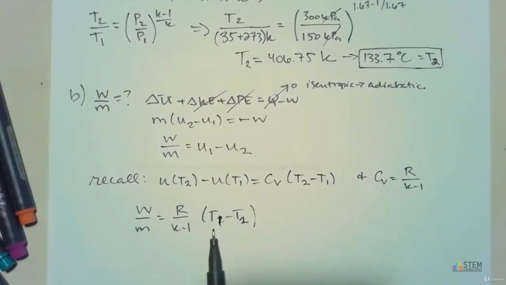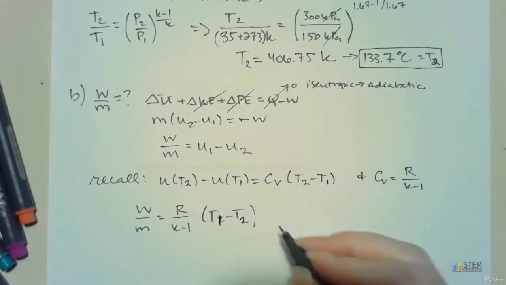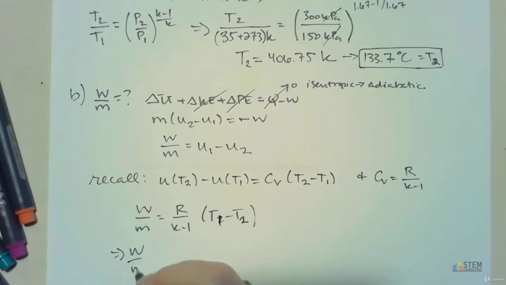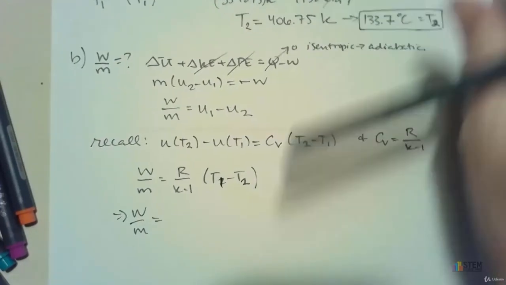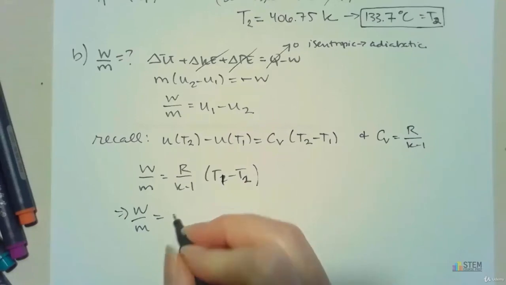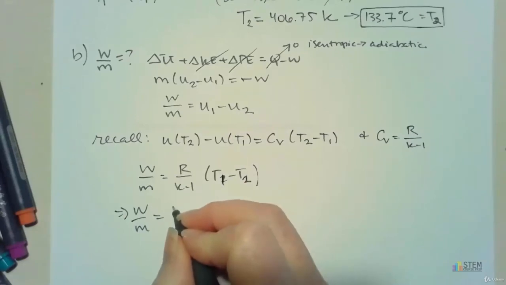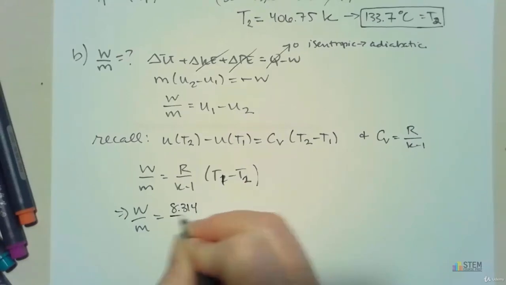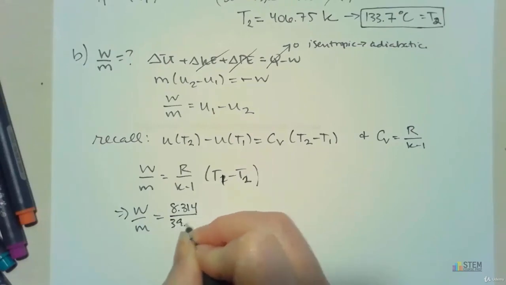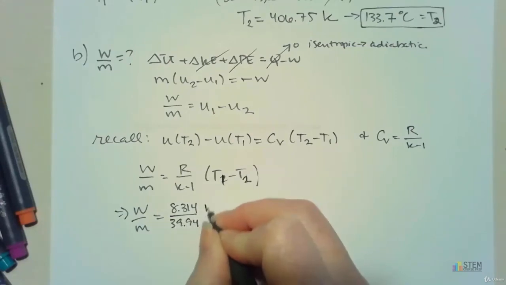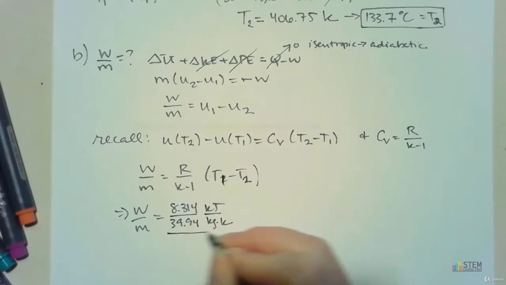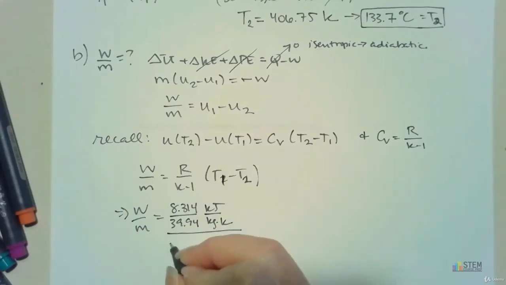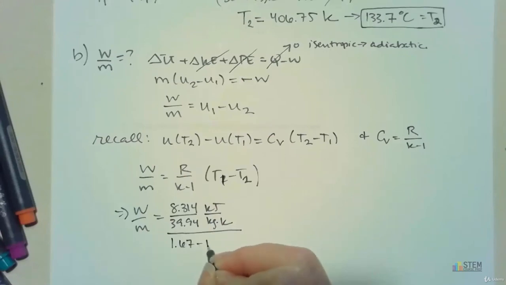Now that we've got that, we can plug in our values. W over m is going to be R, and for argon, we need to do R bar over the molecular weight. So we're going to have 8.314 over 39.94. Units are going to be kilojoules per kilogram Kelvin. We're going to put that over K minus 1, that's 1.67 minus 1.